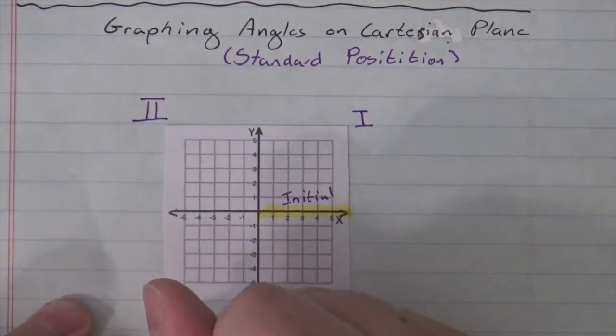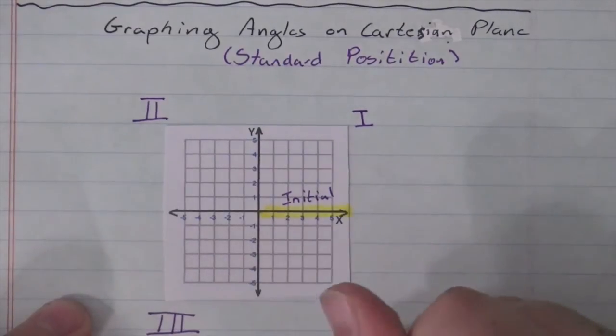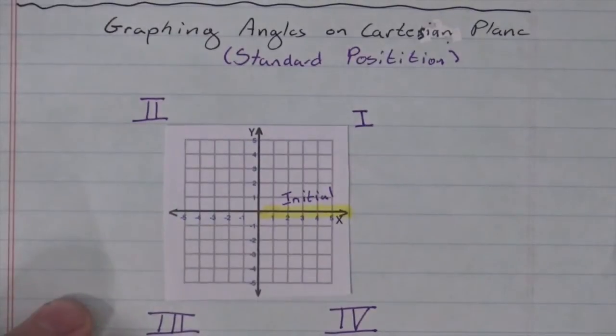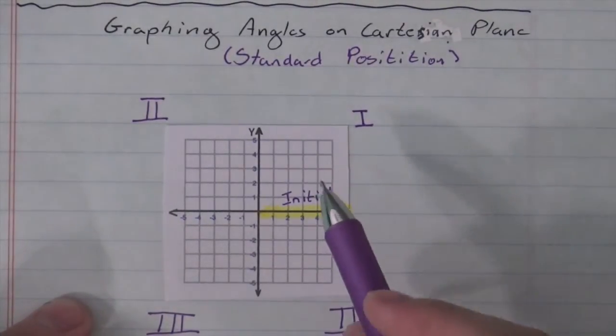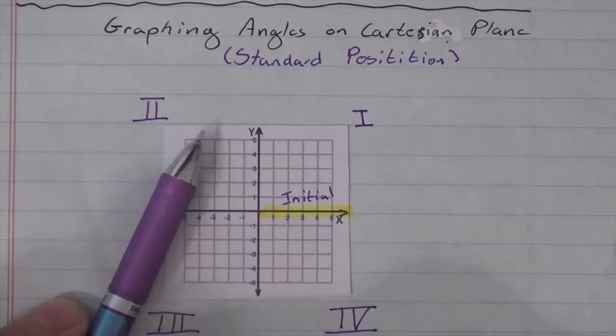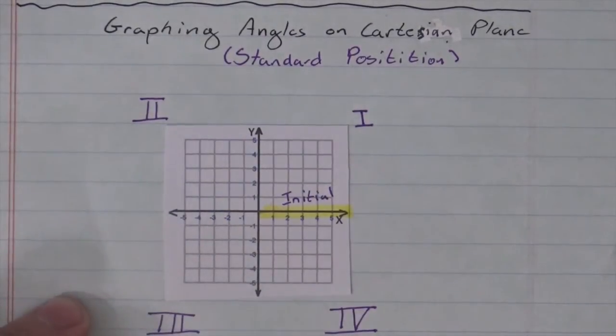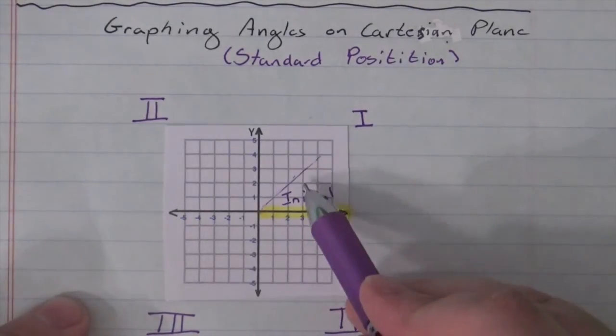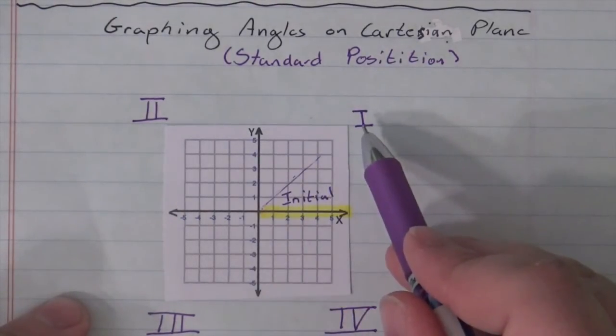This would be my third quadrant. And lastly, this would be my fourth quadrant. So if I were to graph an angle, and let's say, for the sake of argument, that it ended up in this area right here that I'm drawing, my terminal side is in the first quadrant.